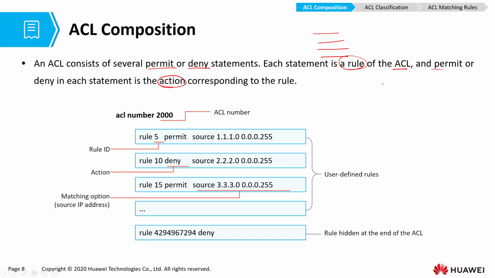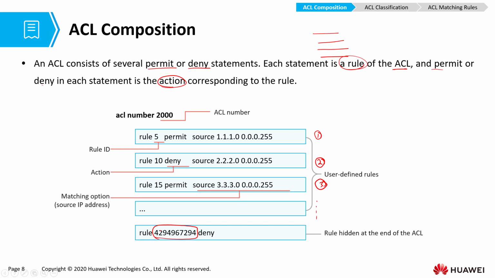Now, I've just presented a set of rules right here. This is the very first one. This is a second rule. This is a third rule. And other rules can be configured. There's an important aspect here. There is an implicit rule at the very end of your ACL. It's invisible. You do not configure this.